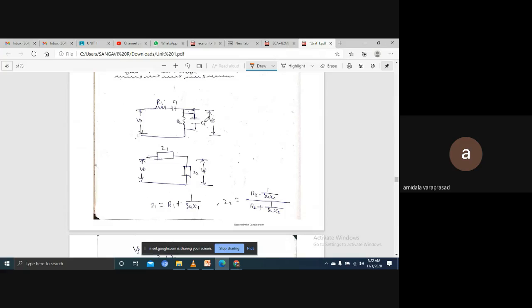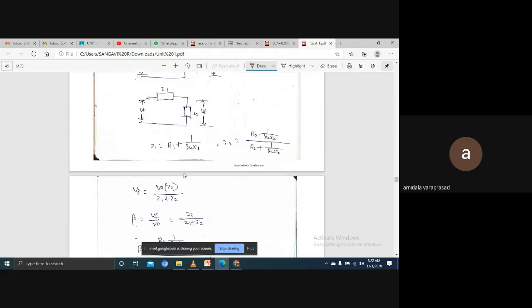For ease of analysis, R1 and C1 are in series, so the equivalent I can take as Z1. Z1 is R1 plus 1 by j omega C1. Z2 is the equivalent impedance of R2 and C2, which are in parallel. Now we know this is a voltage division rule.